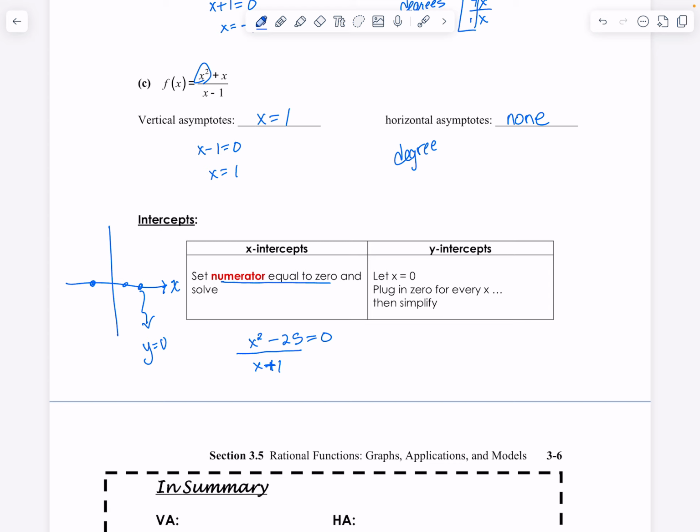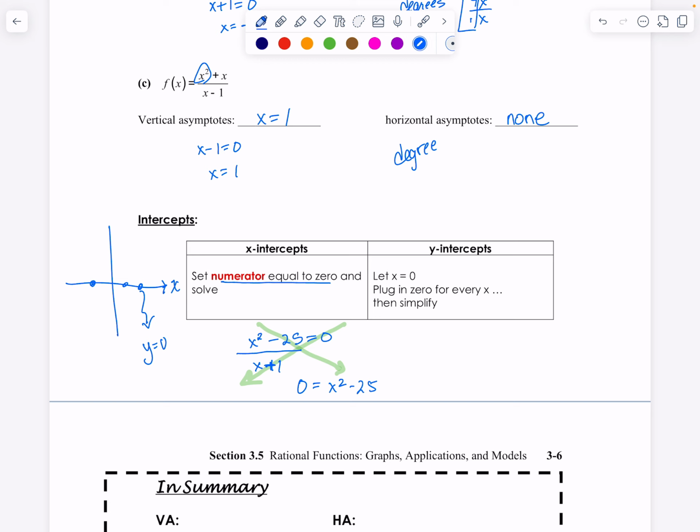If I cross multiply, do you see that I'm getting my denominator times 0 and then my numerator times 1? So I would wind up with x squared minus 25 equals 0 anyway. So it's just easier to remember to set the numerator equal to 0. But if you set the whole thing equal to 0, you're going to wind up with the numerator equal to 0 anyway. So now let's talk about the y-intercepts.